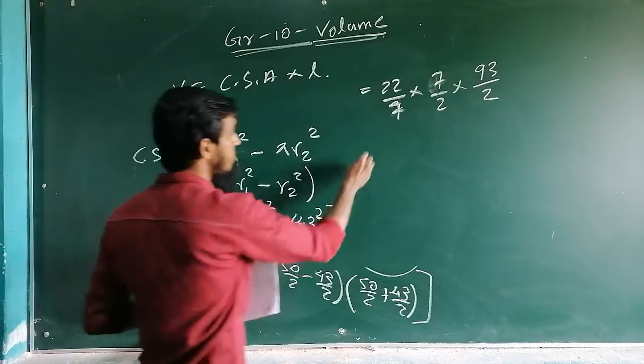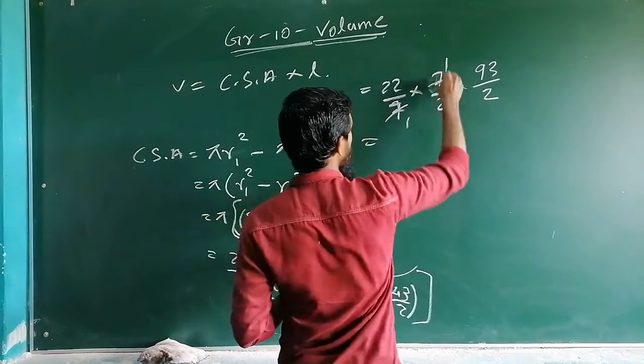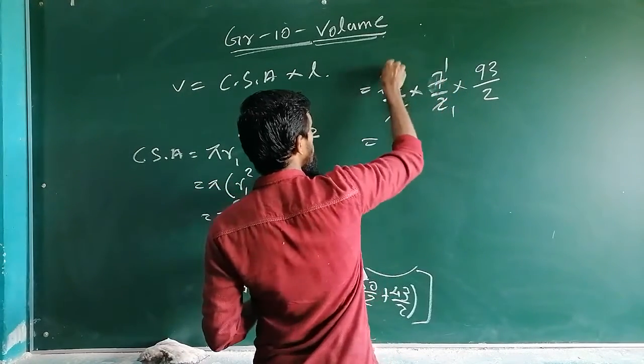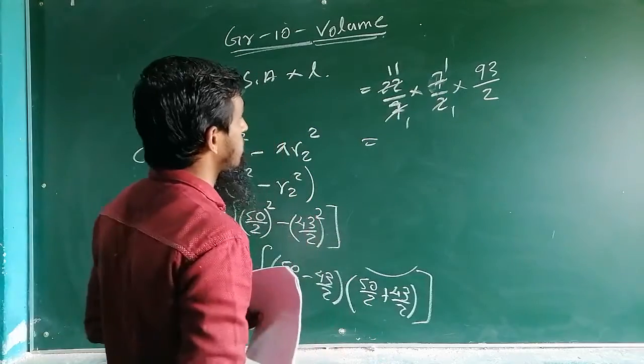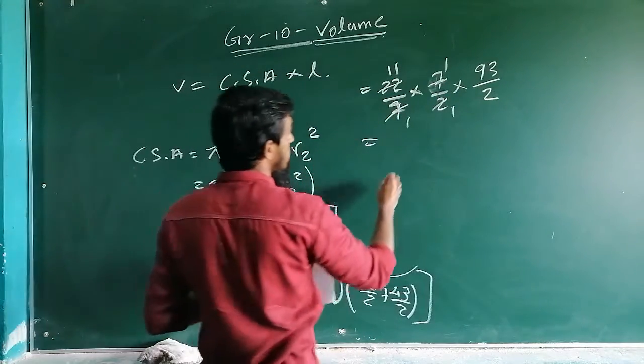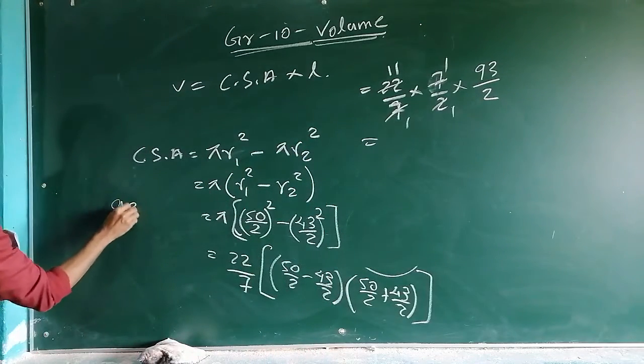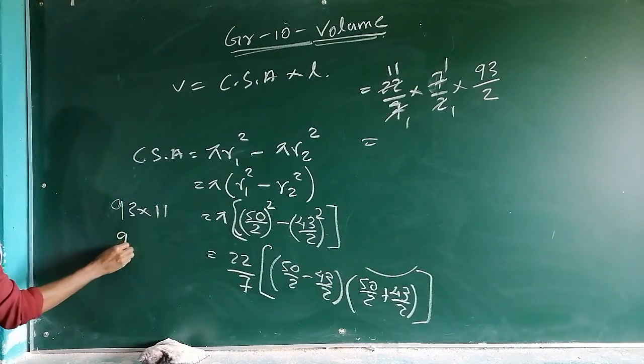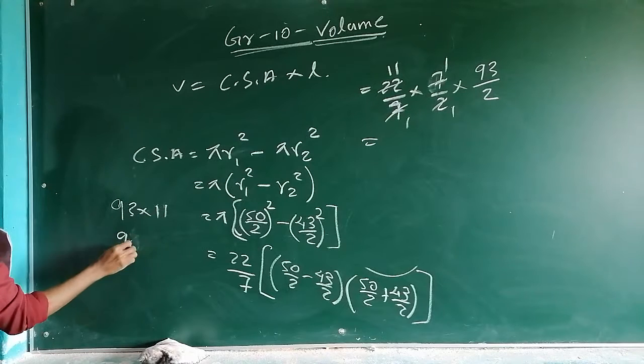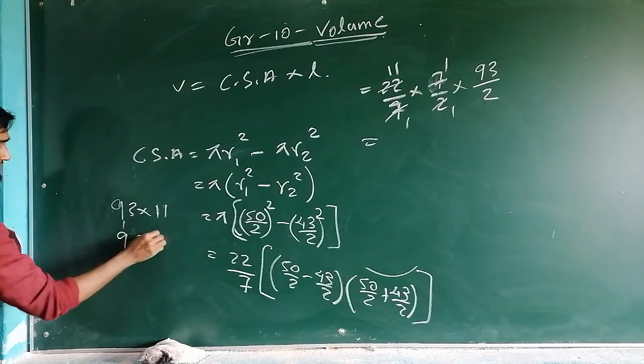Now we can do the simplification. 7 times 1, 7 times 1, 2 times 1, 2 times 11. So 93 into 11: 9 plus 3, 12, 1 remaining, 3.